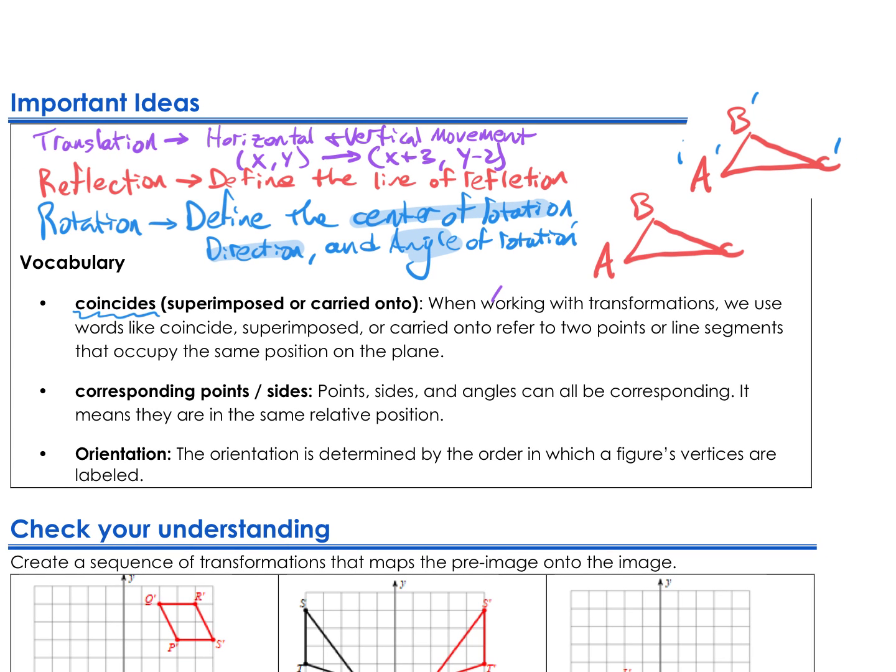Corresponding points mean they're in the same location. So points, sides, and angles are corresponding. It just means they have the same relative position. And again, orientation is kind of the order in which a figure is labeled. So the orientation is the order that we name it in. So this is like triangle ABC.